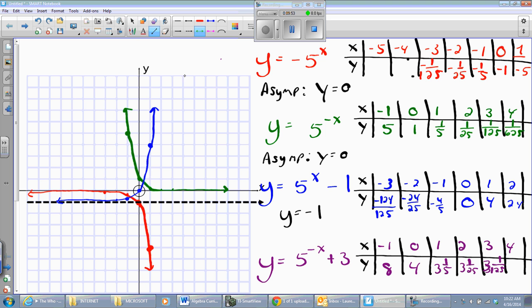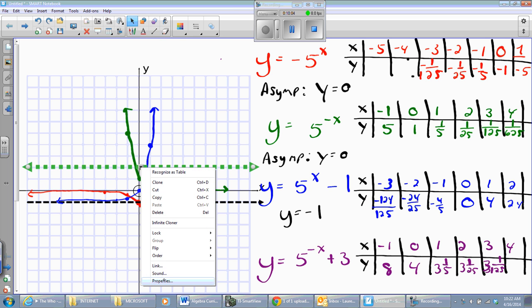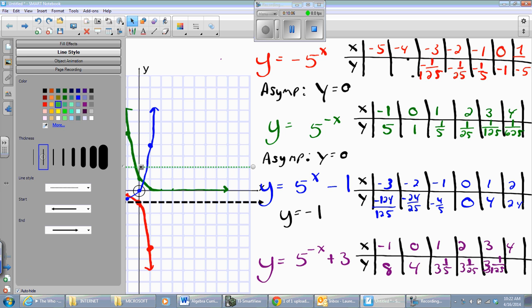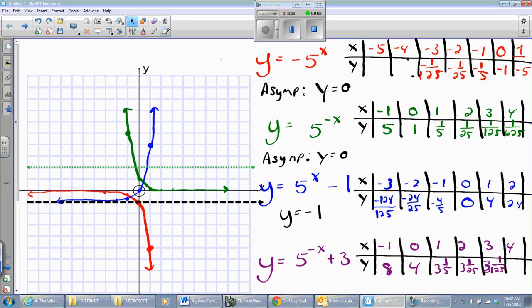So let me see, y equals 3. 1, 2, 3, right here. And that's a little bit too long. Let me make that real thin. There we go. I like that. Okay.